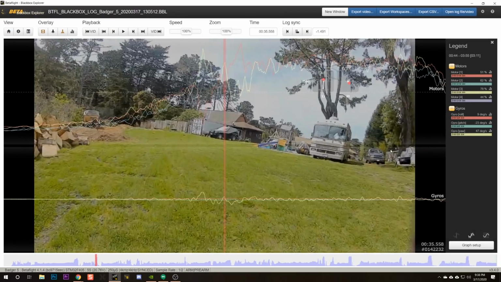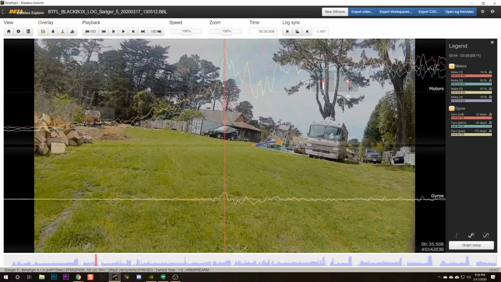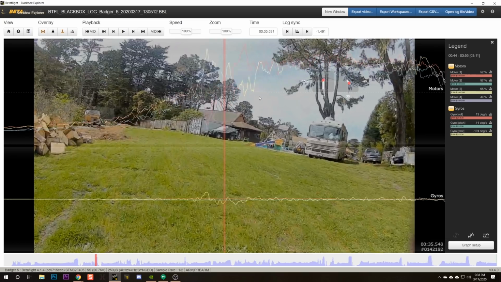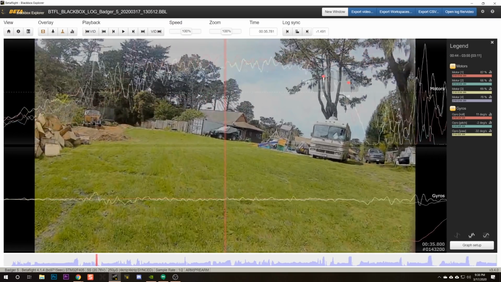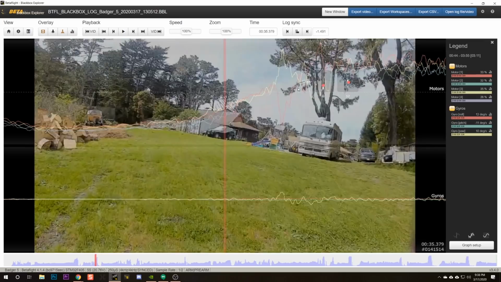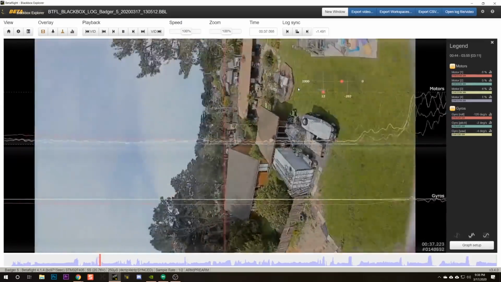If we look at the motors, you can see the motors are not maxing out. If you see a motor max out like that, it might be a case where you have a bad ESC or a damaged motor, but the motors don't max out. So it's just like something about the PIDs of the flight controller is really wonky.